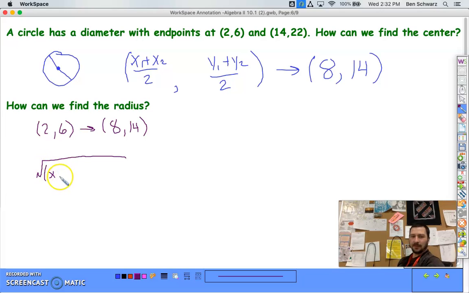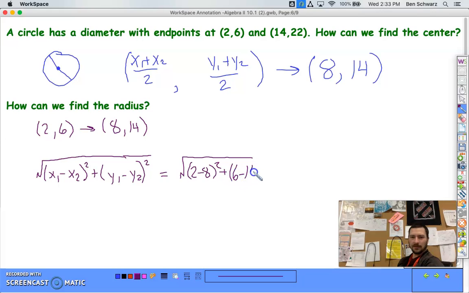In the distance formula, you have x1 minus x2, squared, plus y1 minus y2, squared. So we subtract our x's: 2 minus 8, squared, plus 6 minus 14, squared.